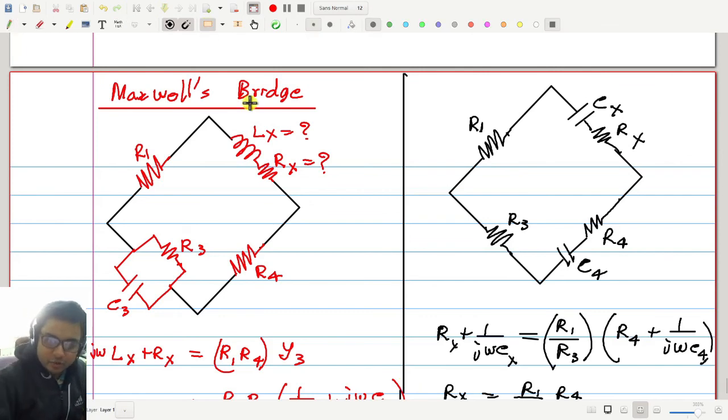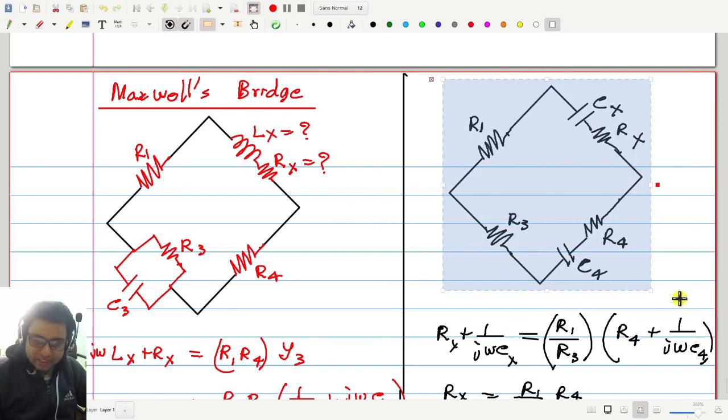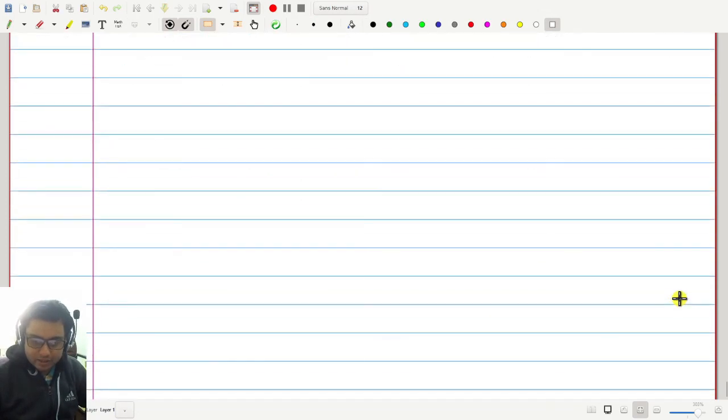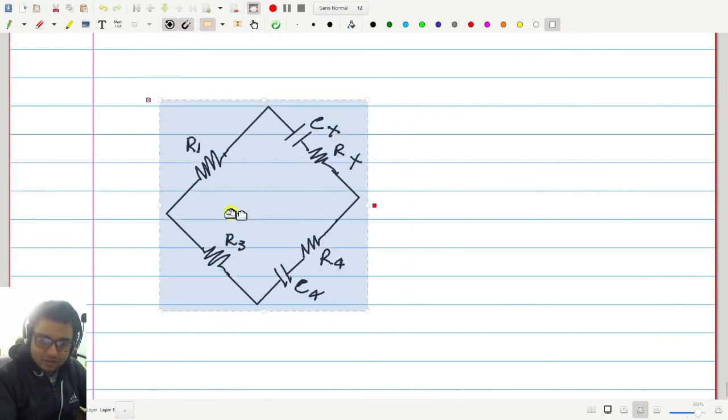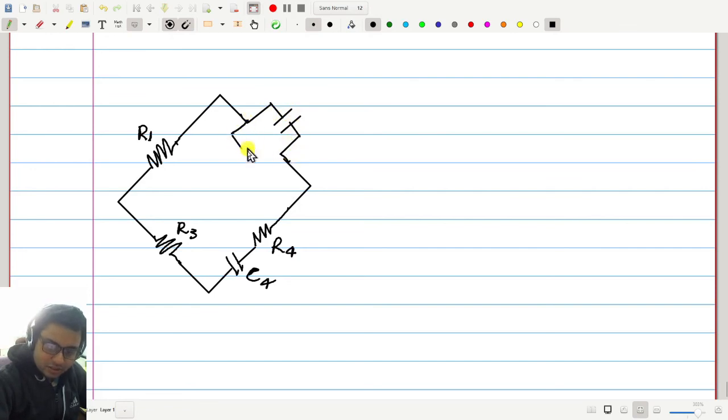Now if you have followed this idea of product bridge and ratio bridge, how it makes our life so simple, let me finish with one last example. Suppose I choose to model my unknown capacitor as a parallel combination of Cx and Rx.